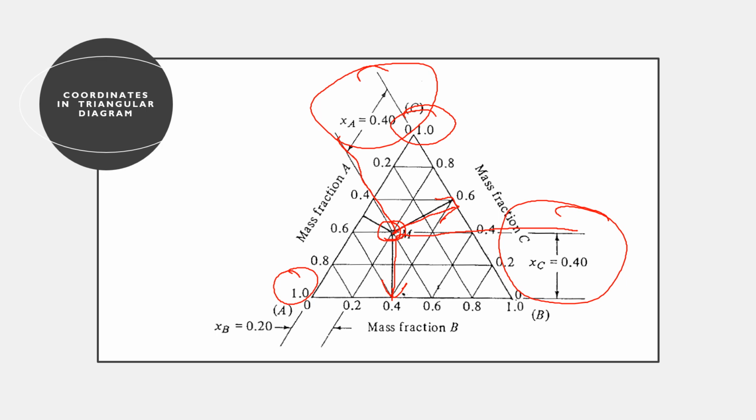Another distance from M to the base AC is translated to a composition of component B.